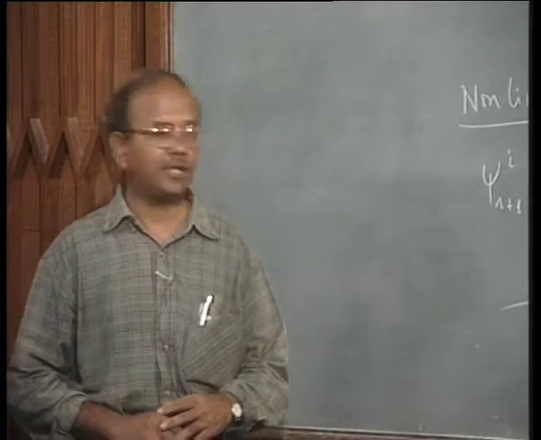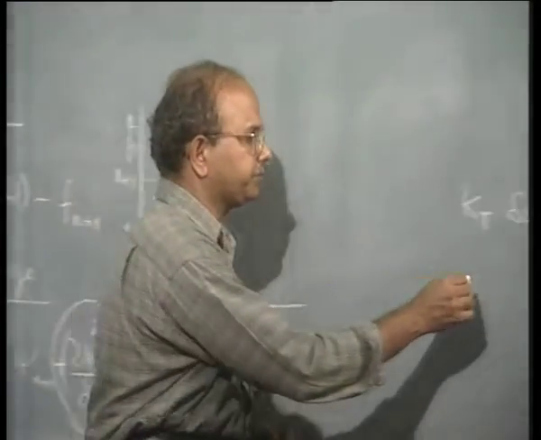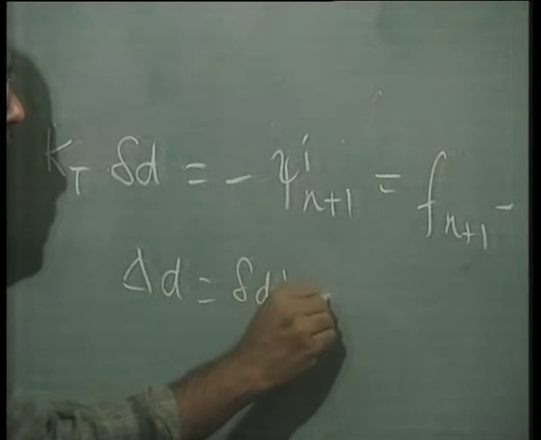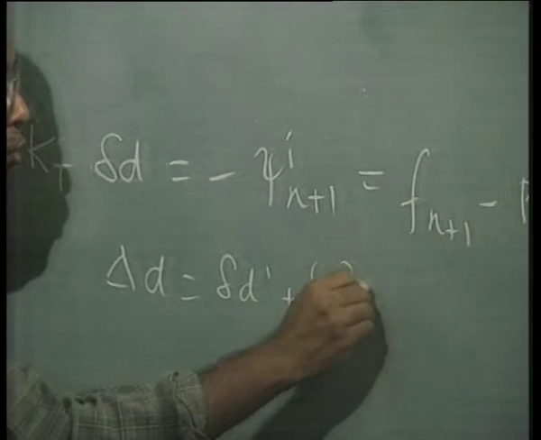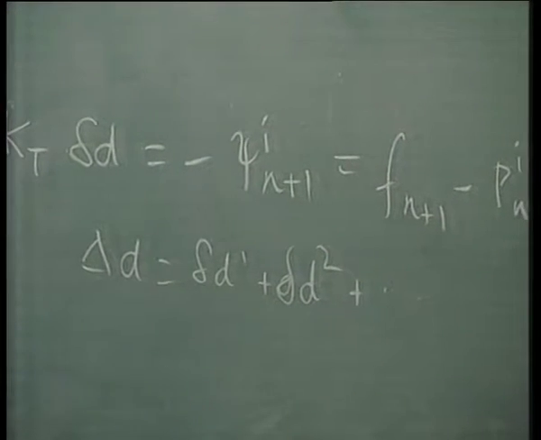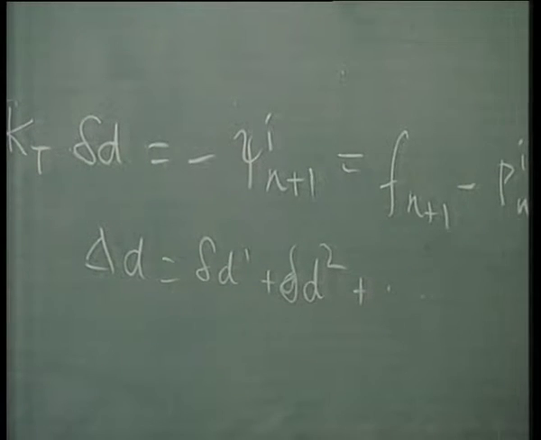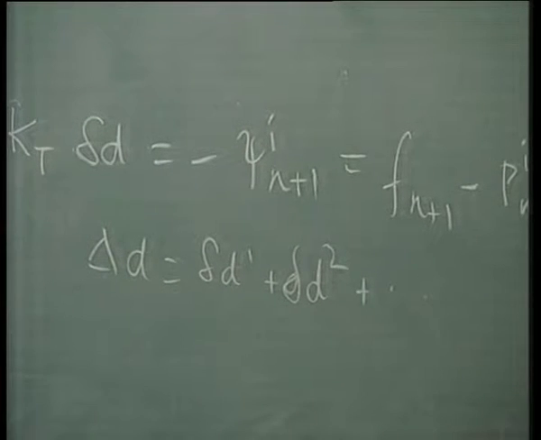So the total delta D is equal to delta D1 plus delta D2 and so on. This is for a particular step. We have not come to stress, I will come to that in a minute.